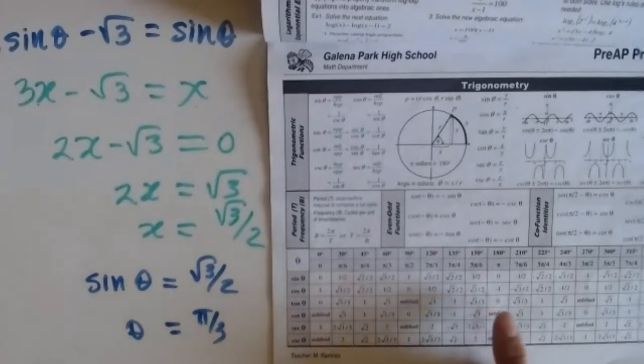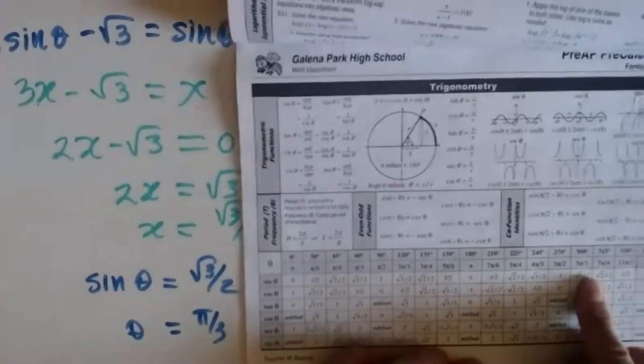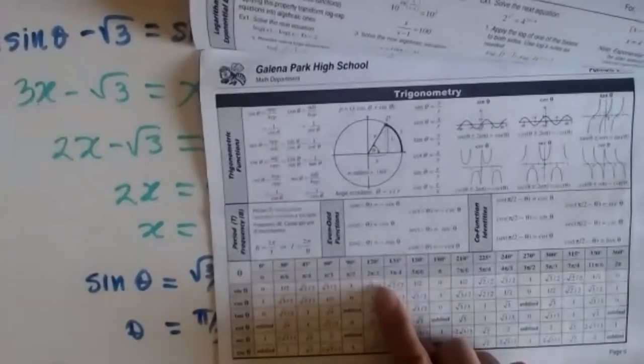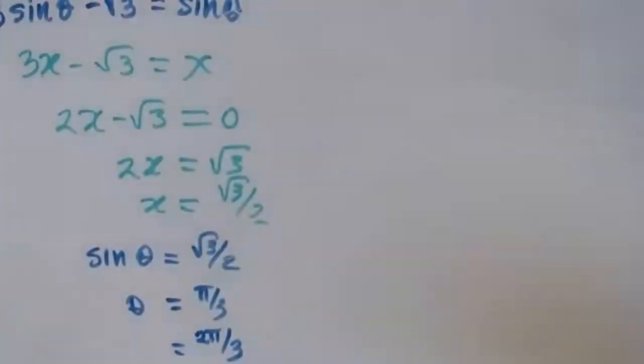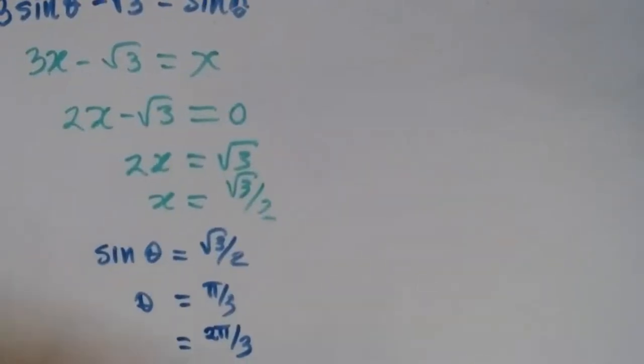And also, square root of 3 over 2 is on this side, right here. You see? 2 pi over 3. So those are the two angles, the two solutions in my unit table.